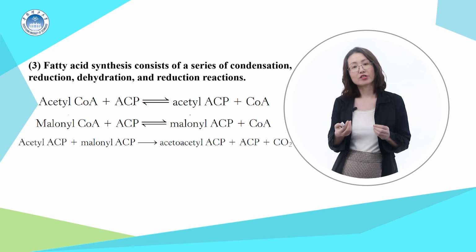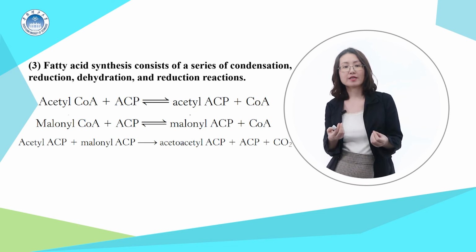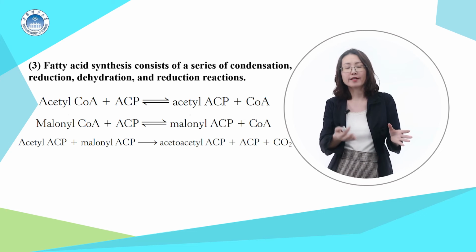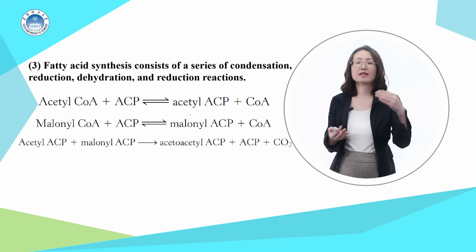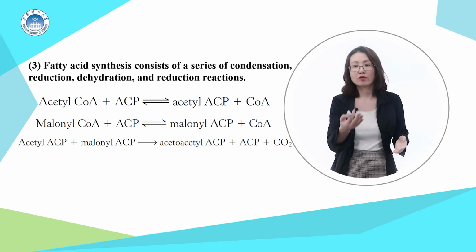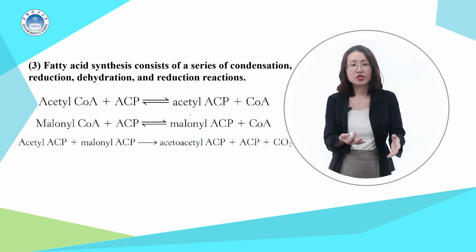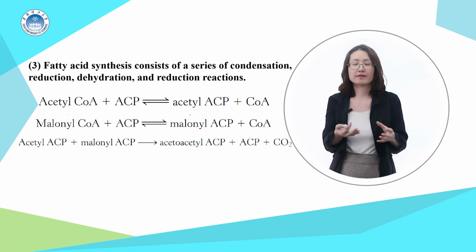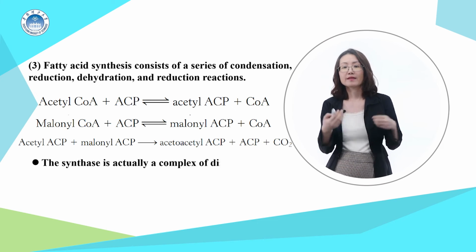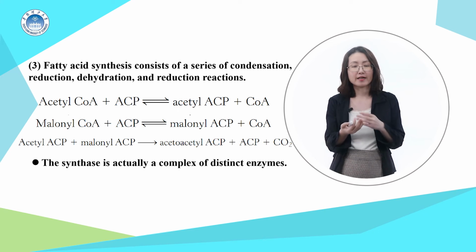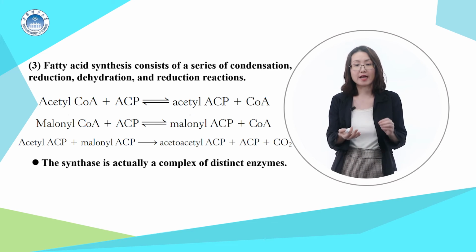The enzyme system that catalyzes the synthesis of saturated long-chain fatty acids from acetyl-CoA, malonyl-CoA, and NADPH is called fatty acid synthase. The synthase is actually a complex of distinct enzymes.